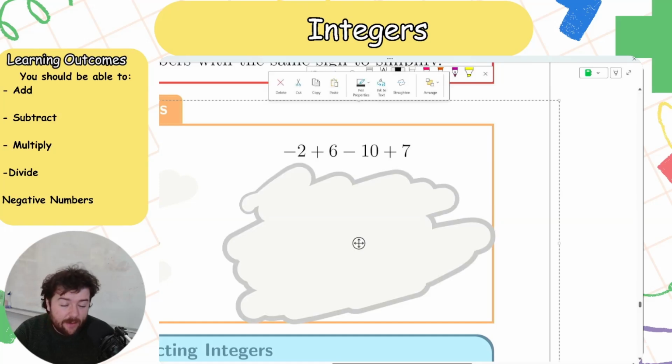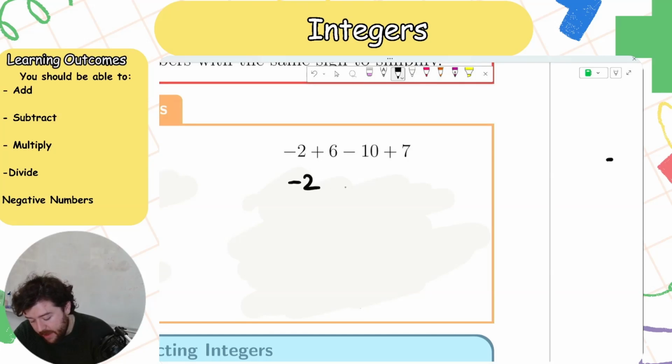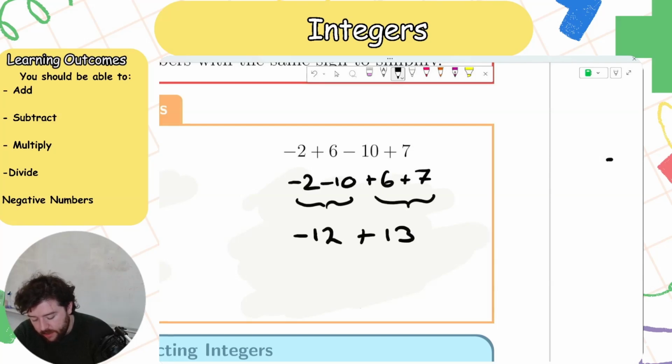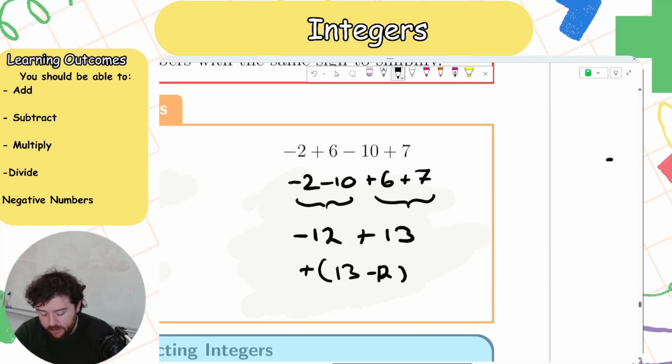It's kind of easier to maybe split them off into parts, and I keep the sign of the bigger number in the answer.